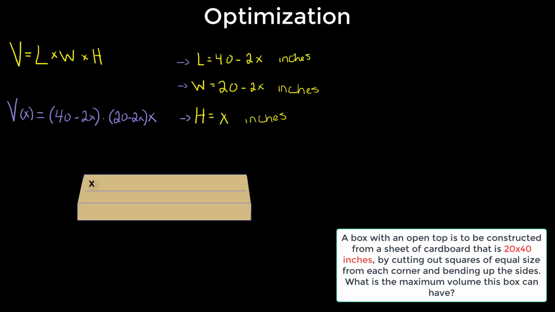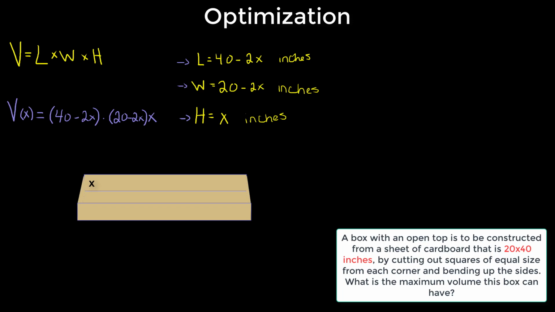If we were to make a cut of, let's say, 10 inches, so each side was 10 inches, this means that our width would be 20 minus 2 times 10, so that's 20 minus 20. This means that our width would be 0 inches, which means that if the width is 0, then the entire volume is 0. And that is not good.